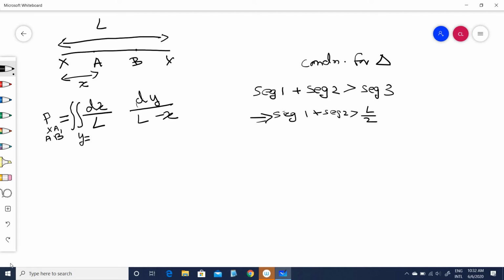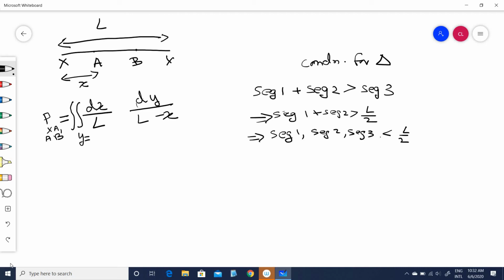Another way of saying it is that each of the segments, segment 1, segment 2, segment 3, all have to be less than L by 2. Then this is also guaranteed, because the sum of any two will be L minus segment 3, and since each of the segments is less than L by 2, the sum of any two segments will be greater than L by 2.